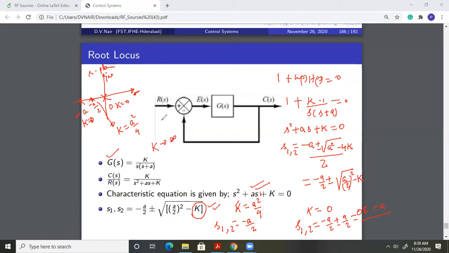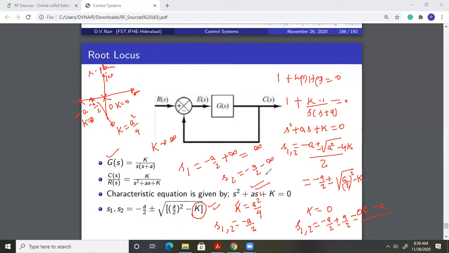Now, as I increase k further and allow it to become a large value, let us say infinity, what will happen? Yes, one root s1 will be minus a by 2 plus infinity, and anything added to infinity will be infinity. So one root moves towards infinity, and another root is minus a by 2 minus infinity, because the radical has plus minus.